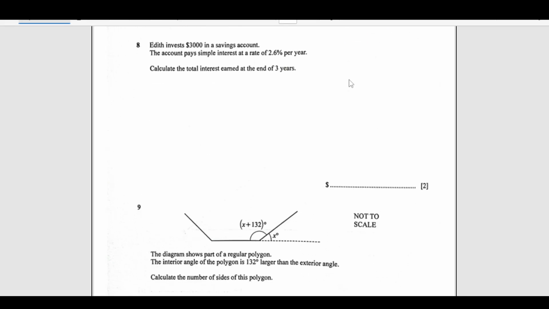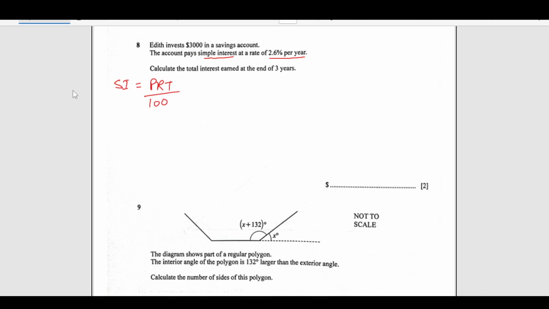Number 8, Edith invests 3000 in a savings account. The account pays simple interest at a rate of 2.6 per year. Calculate the total interest earned at the end of the year. So the formula of simple interest, as you know, is PRT over 100, where P is the principal amount, R is the rate of interest and T is time, right?